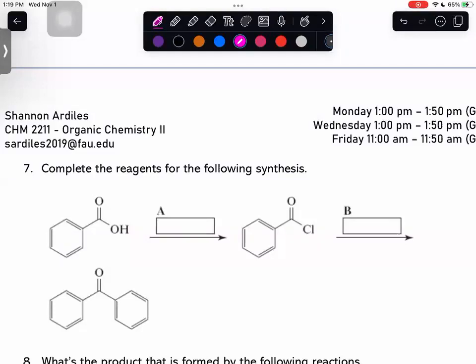A is the HCl and other substrate. Do we all agree? What do we think?